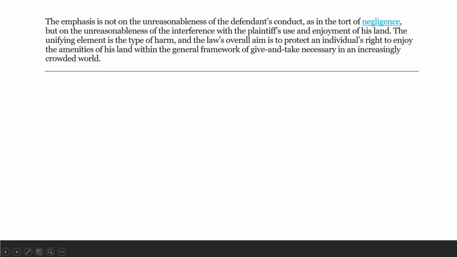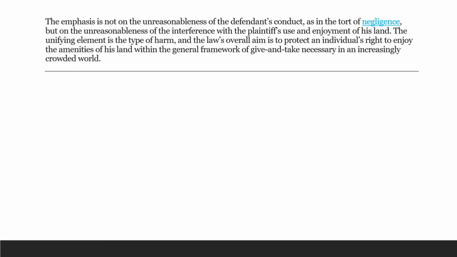The emphasis is not on the unreasonableness of the defendant's conduct, as in the tort of negligence, but on the unreasonableness of the interference with the plaintiff's use and enjoyment of his land.